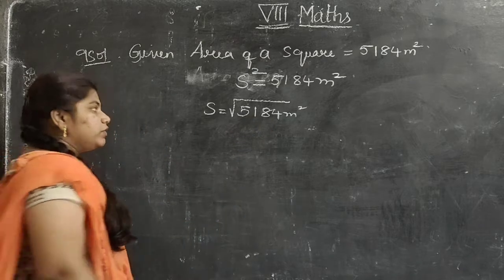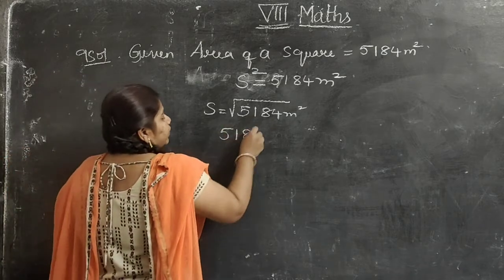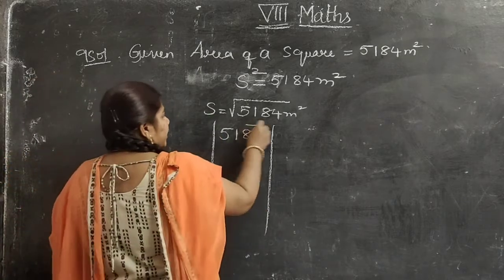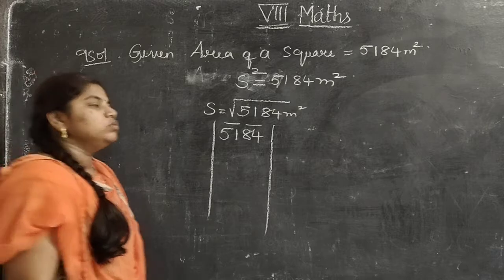By using the long division method, I am finding the square root here. How to do the division method? First pair the values, and we have to use only square numbers.